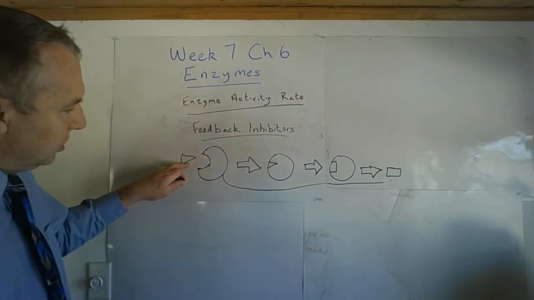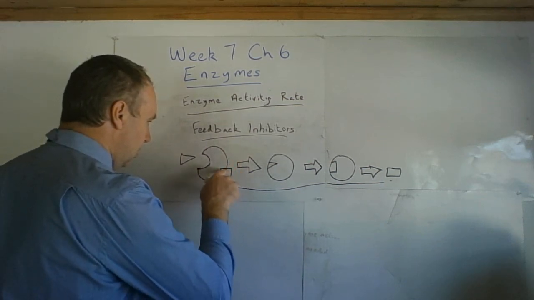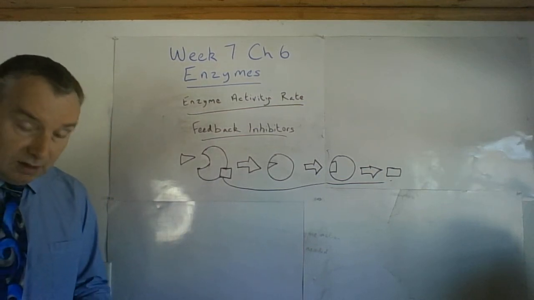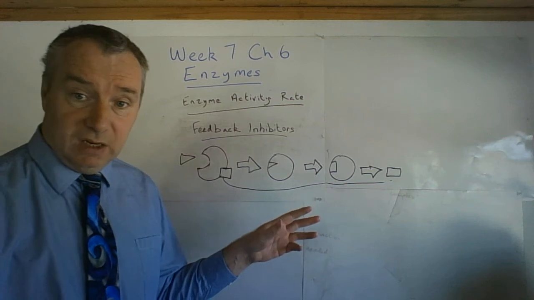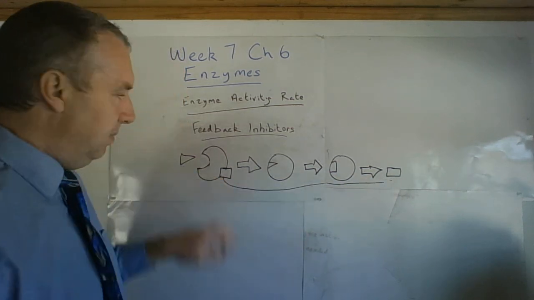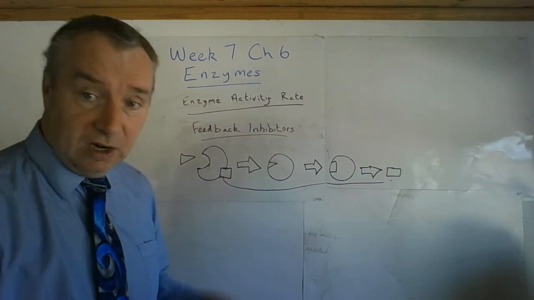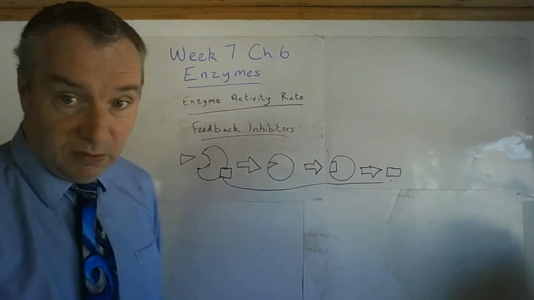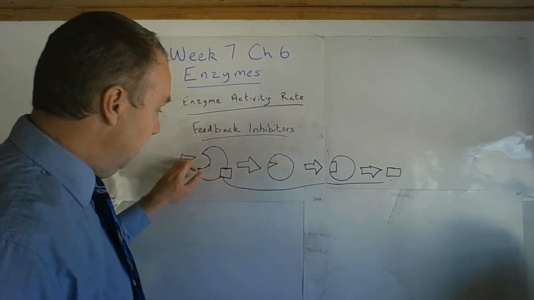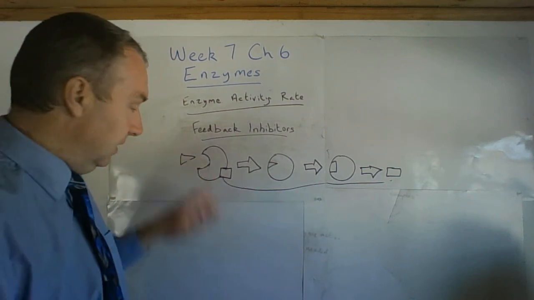So now our original substrate doesn't fit. And that's how feedback inhibition happens. Basically, an end product binds with your enzyme and causes an allosteric change. As I said before, it's a shape change, and that means that the enzyme is now inhibited from binding with this substrate.